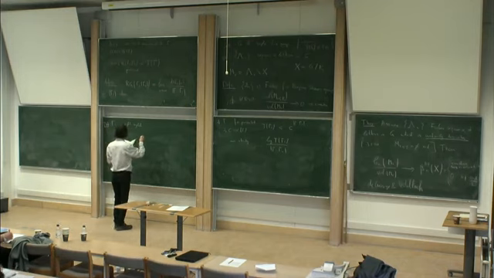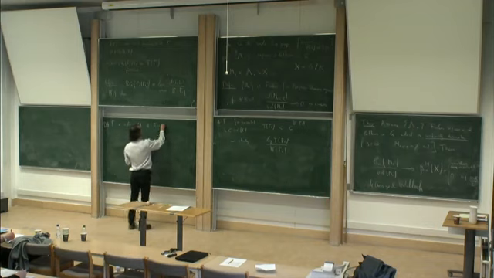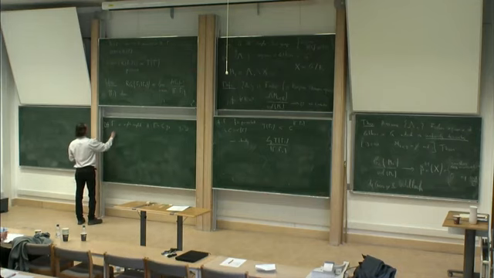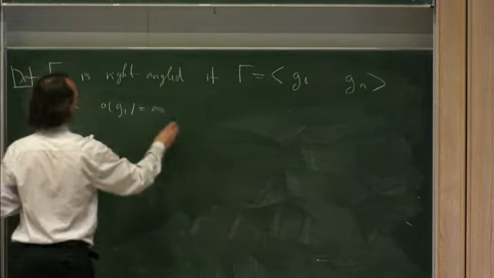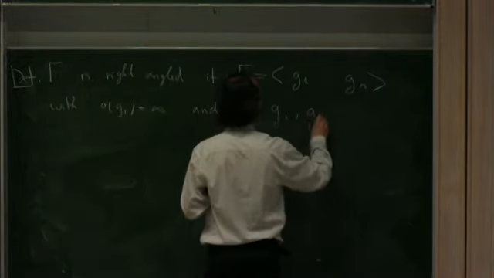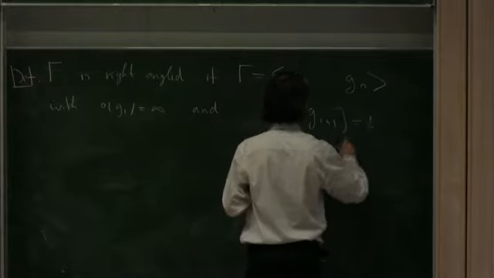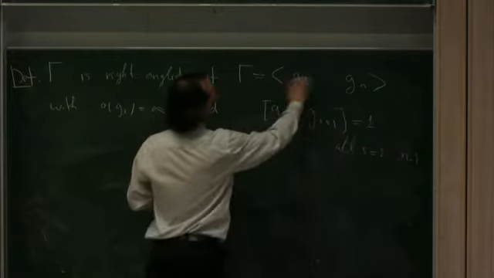Just a name that suggests connection is that gamma is generated by finitely many elements which are of infinite order and sequentially commuting, that is, g_i commutes with g_{i+1} for all i from 1 to n minus 1. So each one commutes with the previous one.